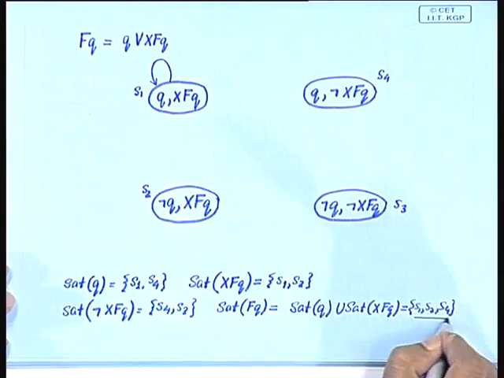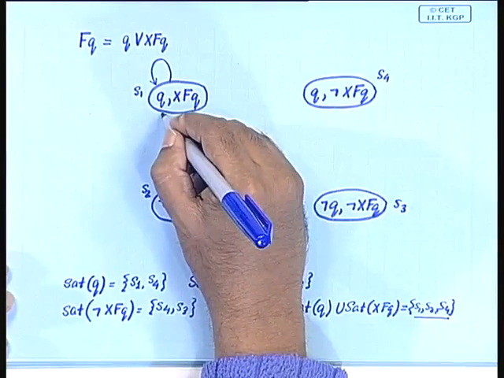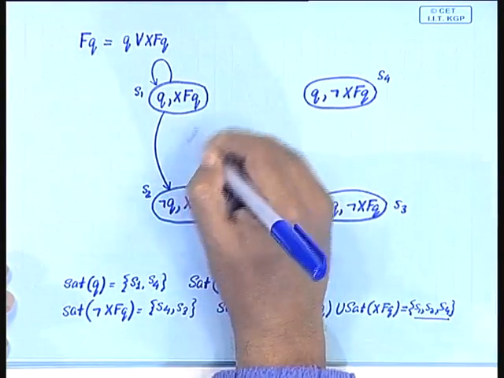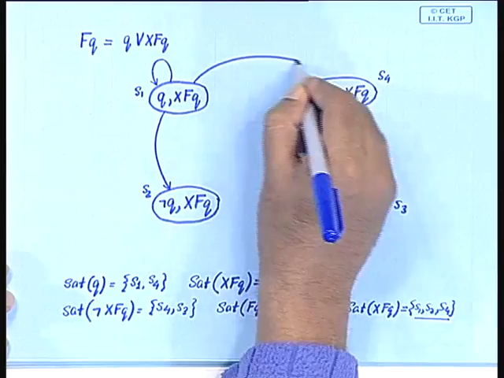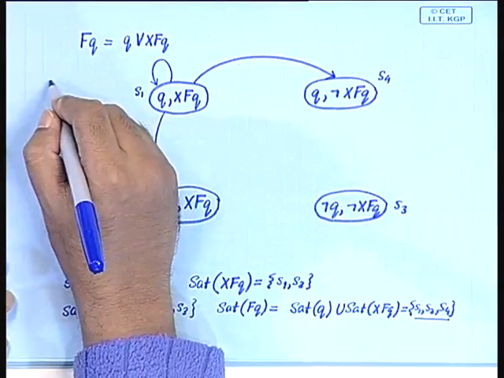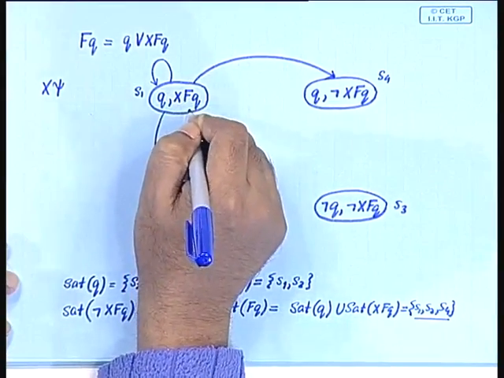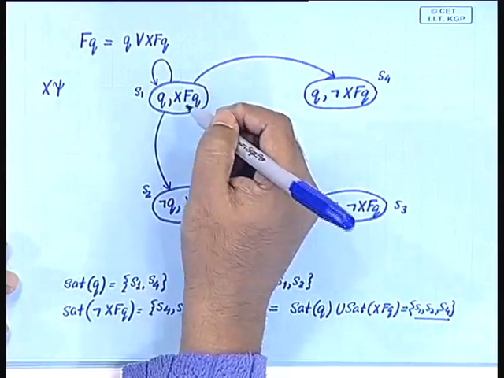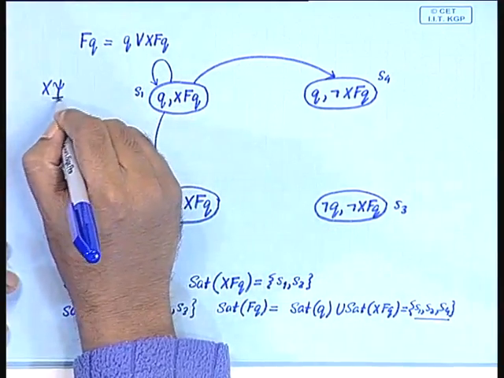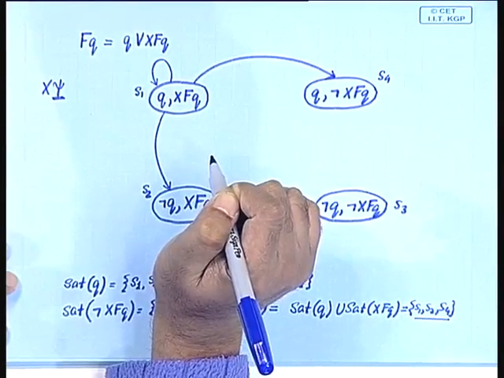S1, S2, S4, right. So, we must put edges from here to S1, S2, S4. Why did we do this? Because this state had X of psi, where psi is FQ, and we are putting edges to those states which are in SAT of psi, which means SAT of FQ, right.